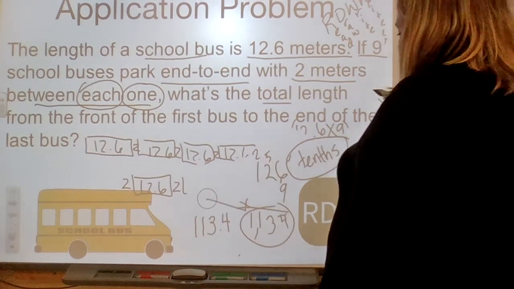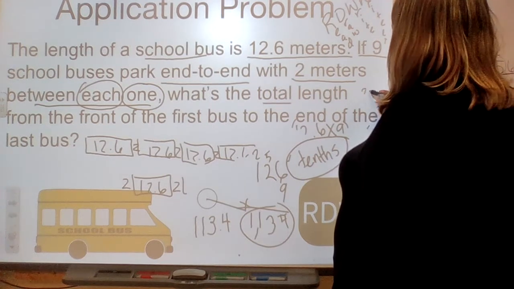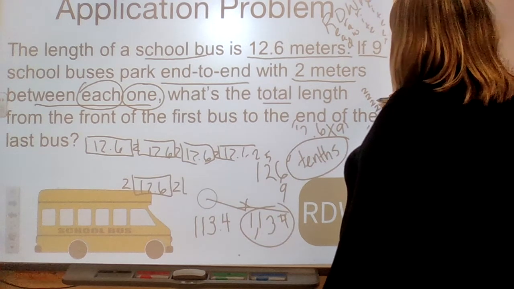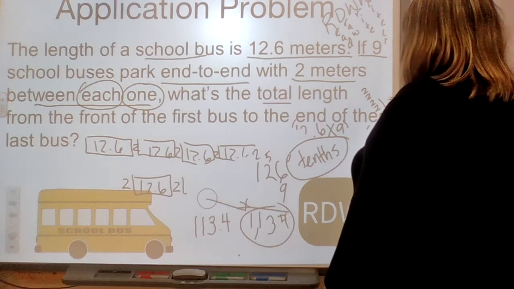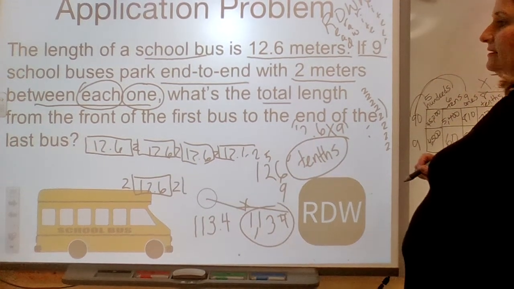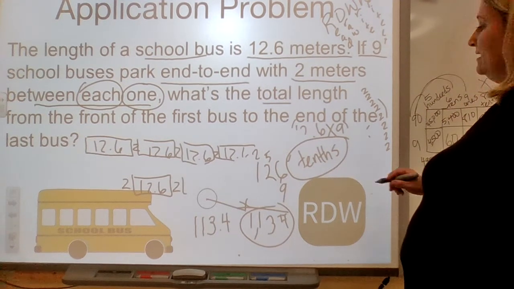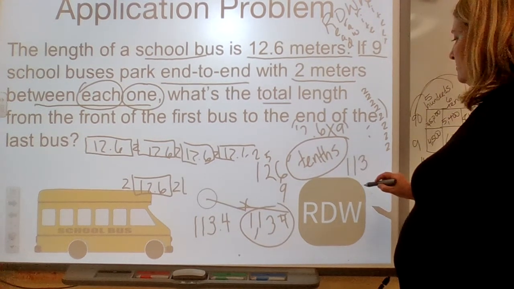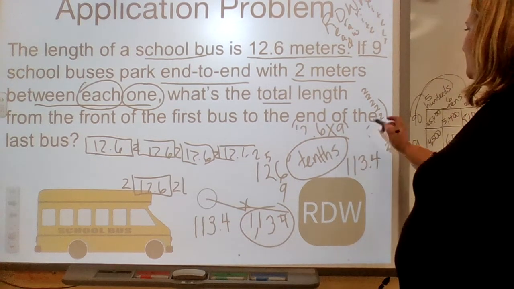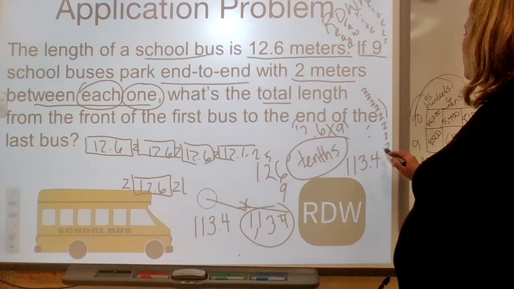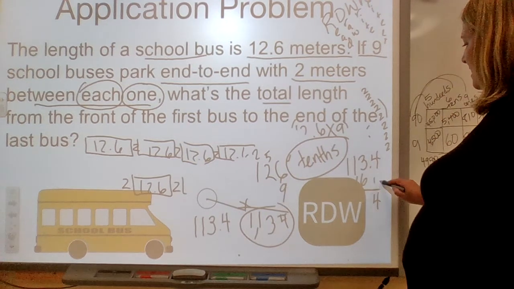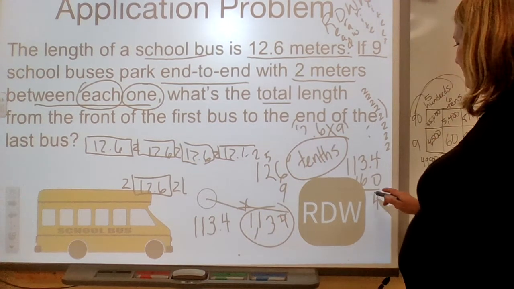If I have 9 school buses, I'm going to have 8 gaps, so that would be 16 in between. So I'm going to go in and I'm going to add 113 and 4/10, and I'm going to add 2, 4, 6, 8, 10, 12, 14, 16. And I can fill in with a 0 there.